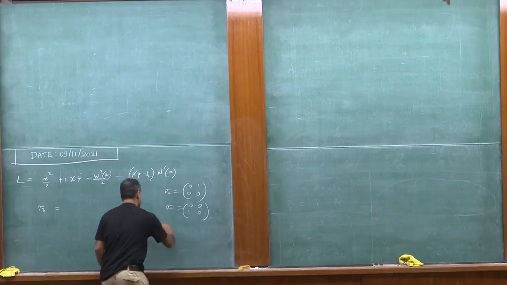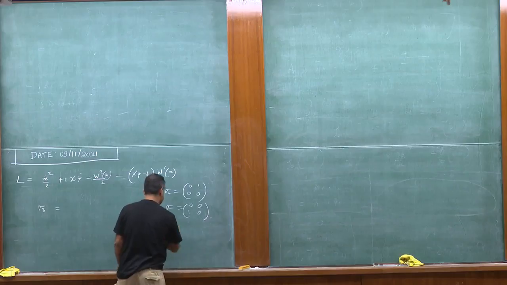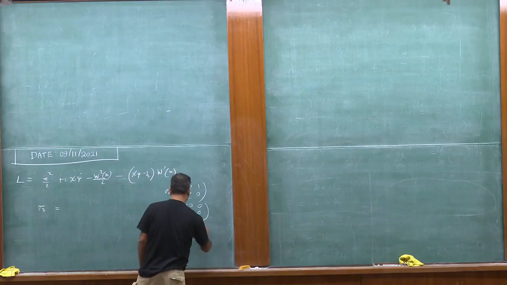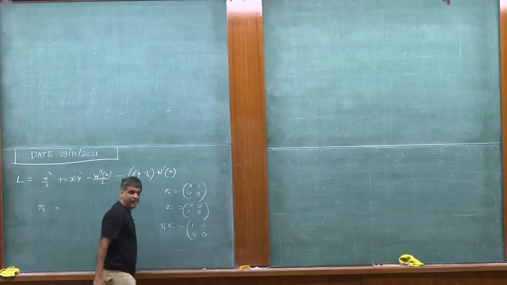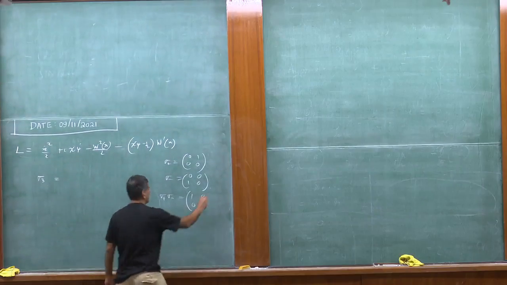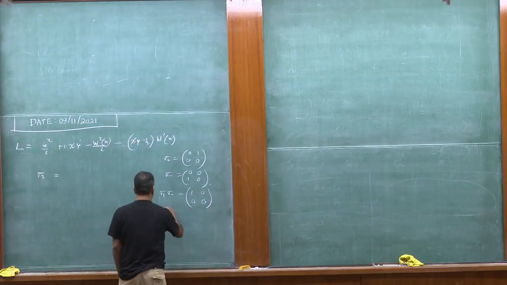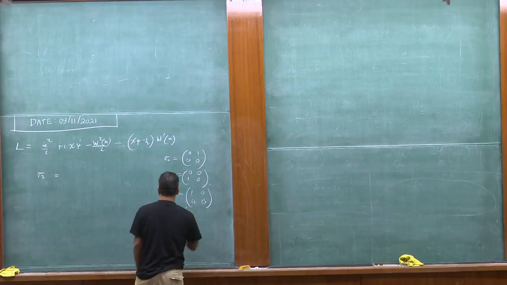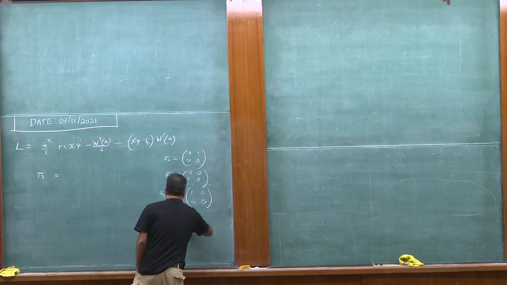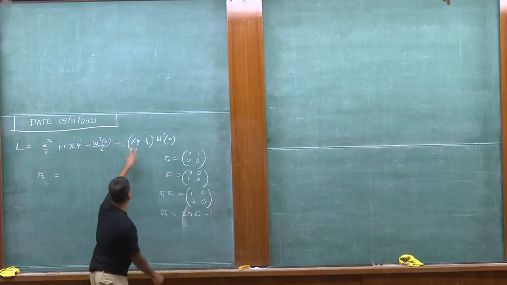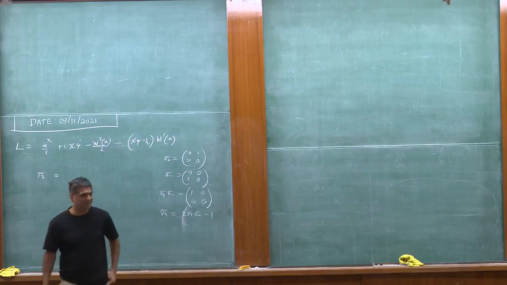And then sigma plus sigma minus was equal to 1, 0, 0, 0. And so we found that sigma 3 was equal to 2 sigma plus sigma minus minus 1. And that was why we got this chi psi minus 1. This was sigma plus, this was sigma minus, this was minus half.